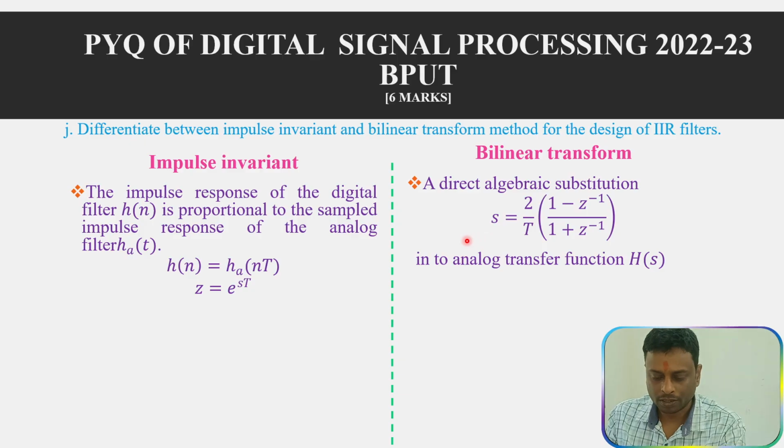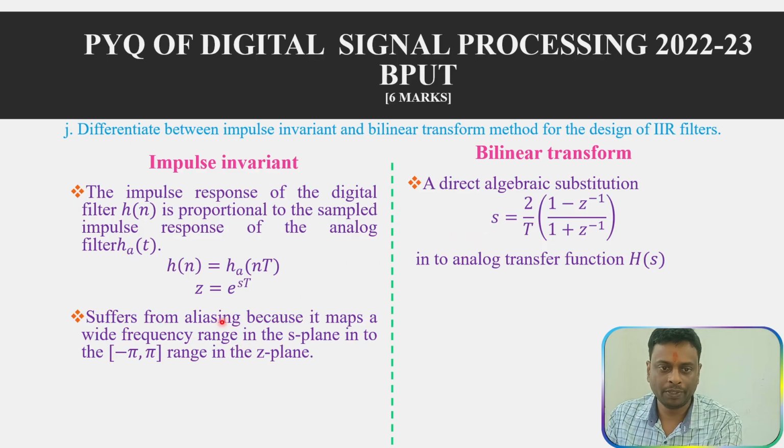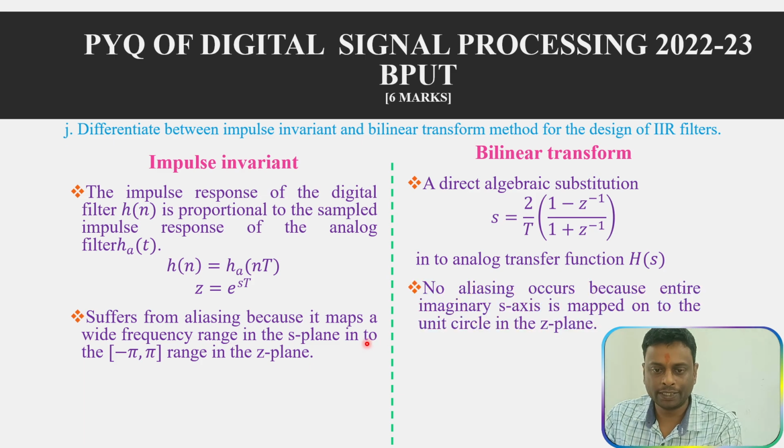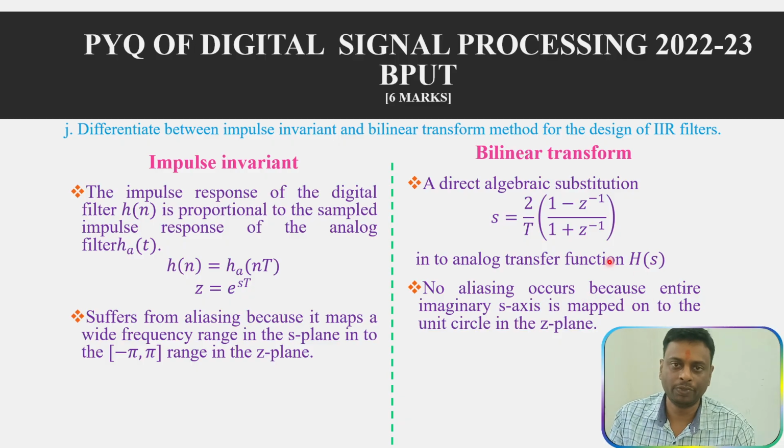The impulse invariant method suffers from aliasing. It maps the frequency range from the S plane in the range minus pi to pi in the Z plane. Aliasing means that two bands overlap, so data will be lost.